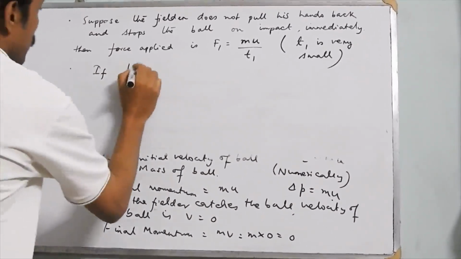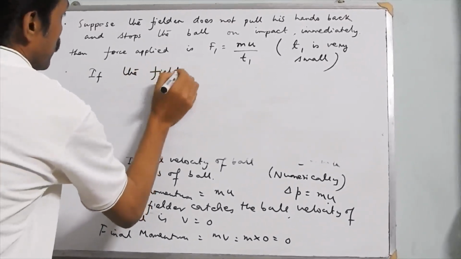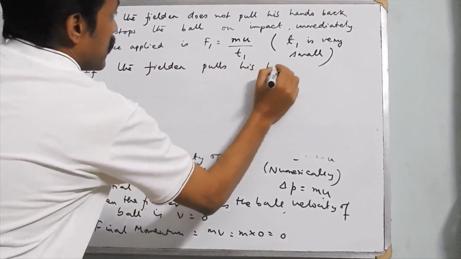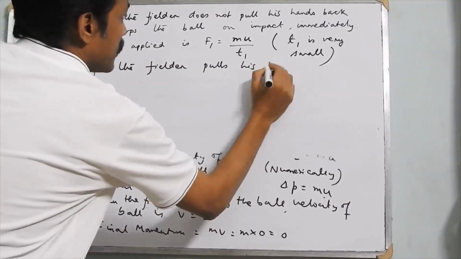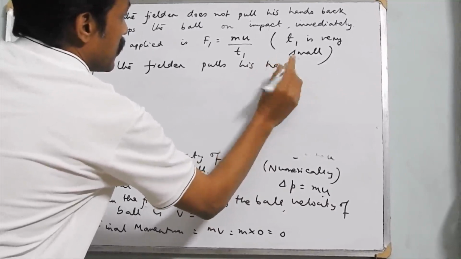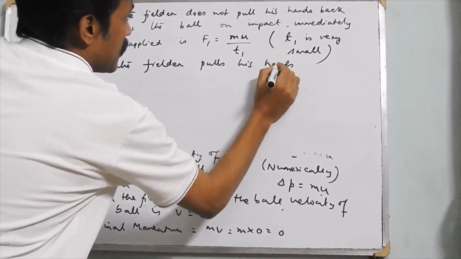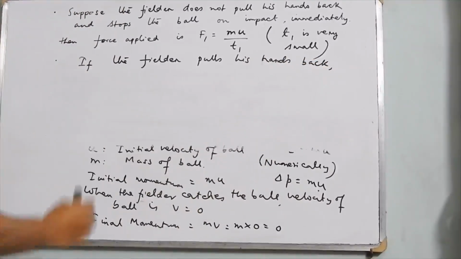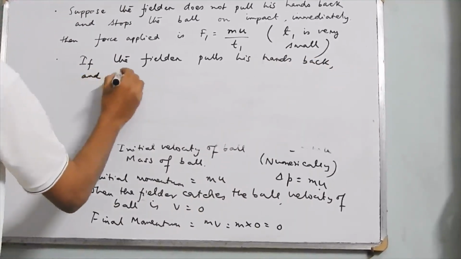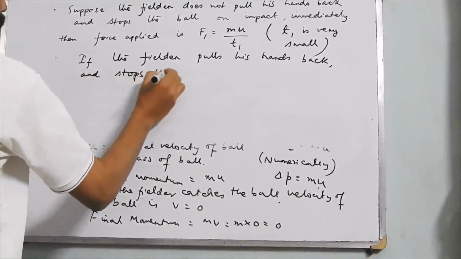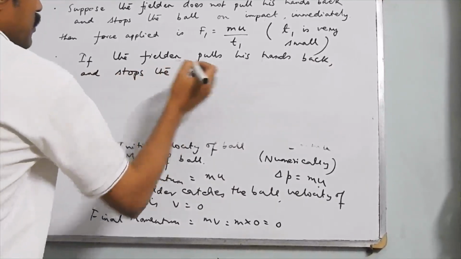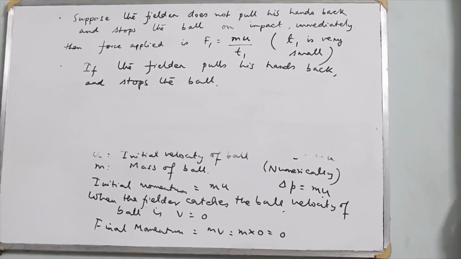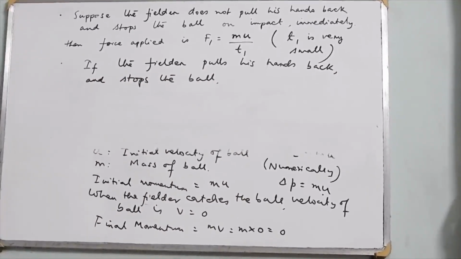backward direction. If the fielder pulls his hands back and stops the ball, he now allows the time of impact to be large as compared to the previous case.